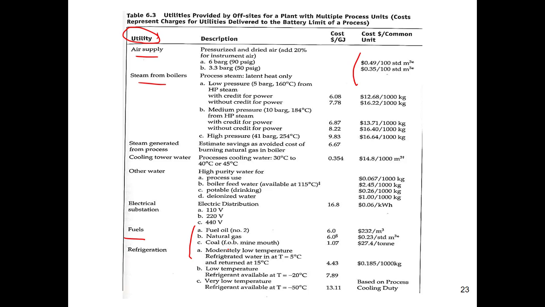There is a big drop in their price, so those numbers have to be adjusted, and they will be. So we have all this information, and then we can find the cost of utility by using this information that we have, refrigeration and so on.